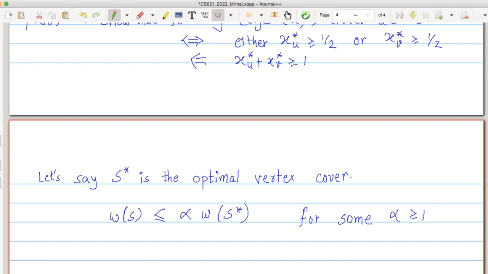You know that finding the optimal vertex cover is hard, and probably it's also hard to guess what the weight of the optimal vertex cover would be. So how are we going to give such a guarantee that the weight of S is less than or equal to some factor times the weight of S star? Here it gets really interesting.